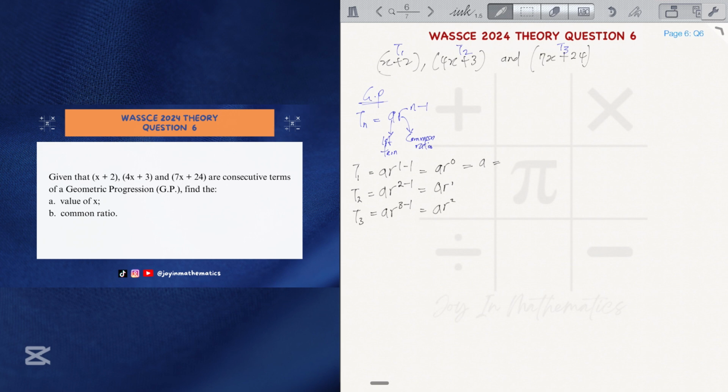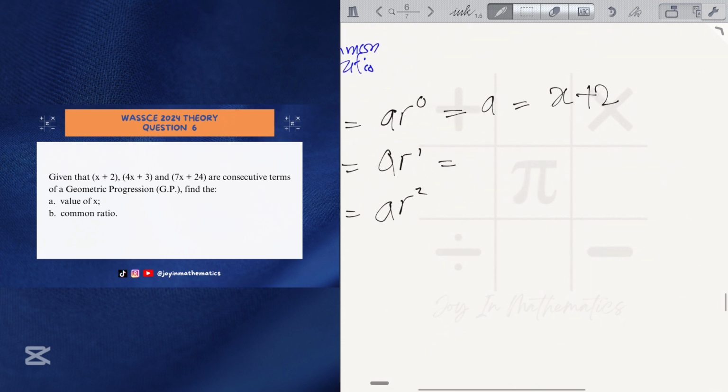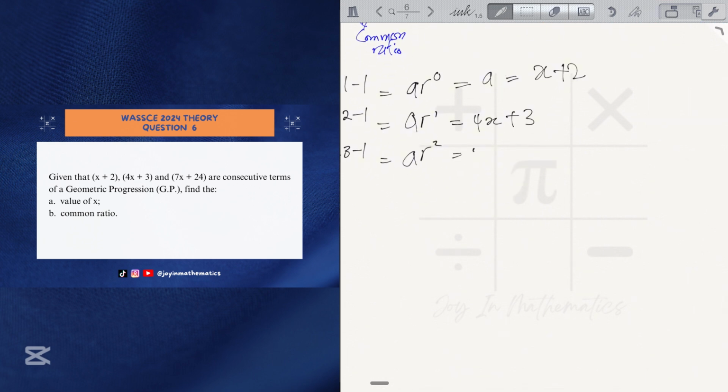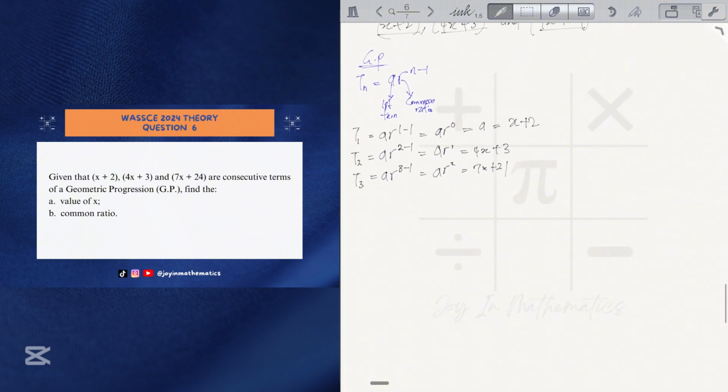So a now is equal to x plus 2, T2, which is equal to ar raised to the power of 1, is equal to 4x plus 3, and T3, which is equal to ar raised to the power of 2, is equal to 7x plus 24. And we are looking for the value of x and likewise the value of r.